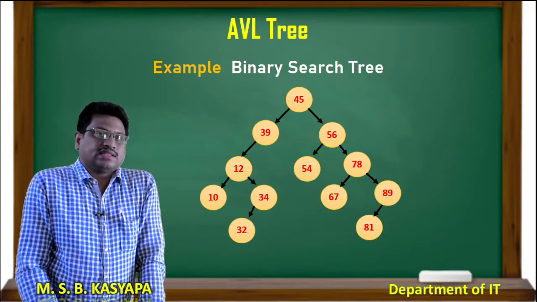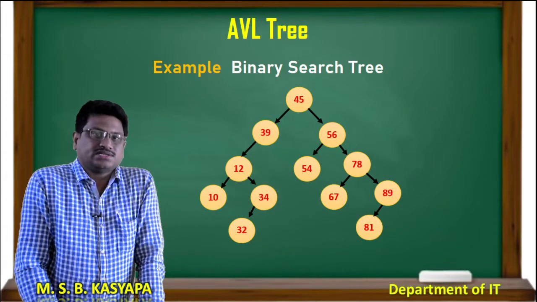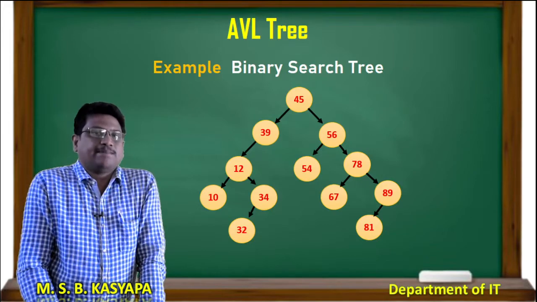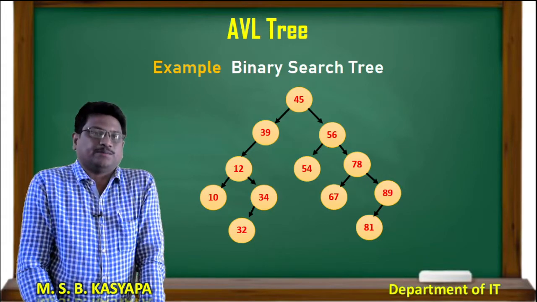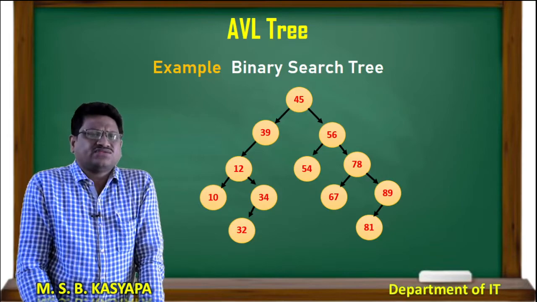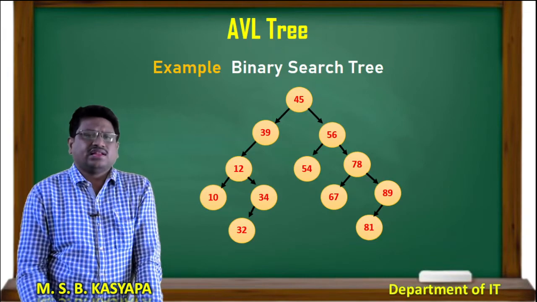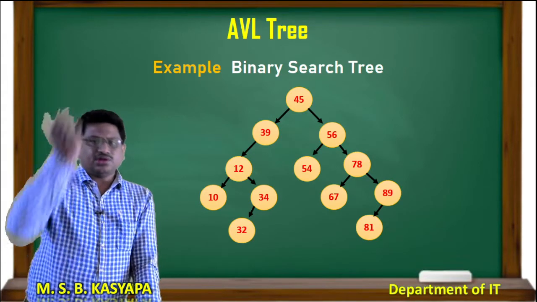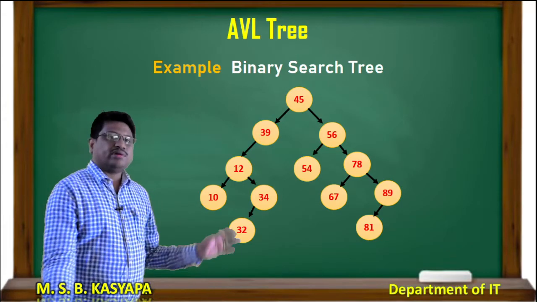For example, take this binary search tree. First, I want to calculate the balance factor for each and every node. Mostly I calculate the balance factor from the bottom, the leaf nodes, up to the root node, going from left to right.